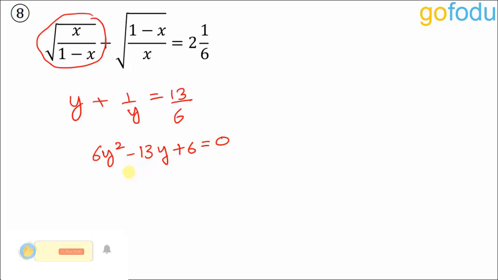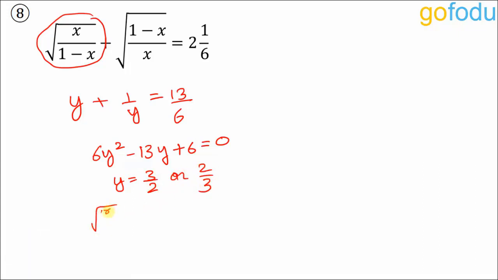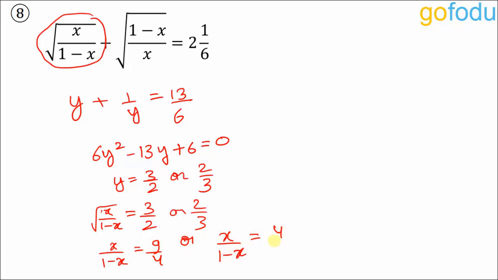And the values of y we will be getting from here will be y is equal to 3 by 2 or 2 by 3. That means root of x upon 1 minus x is equal to 3 by 2, or it is equal to 2 by 3. So if we square both the sides, one equation that we will be getting will be x upon 1 minus x is equal to 9 by 4, or x upon 1 minus x will be equal to 4 by 9.